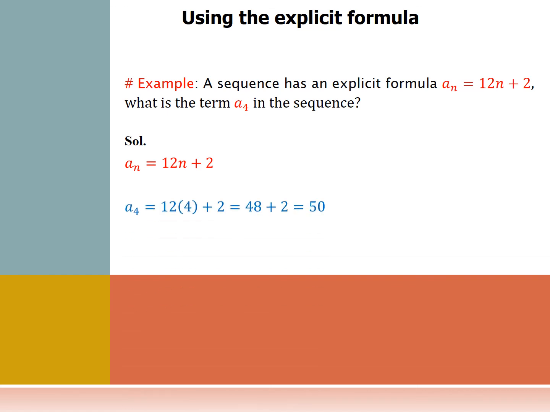Because we want to find the value of a4, just substitute 4 instead of n in the explicit formula of the sequence. Then you get 12 times 4 plus 2, which is 48 plus 2, which is 50. So a4 of the sequence is equal to 50.